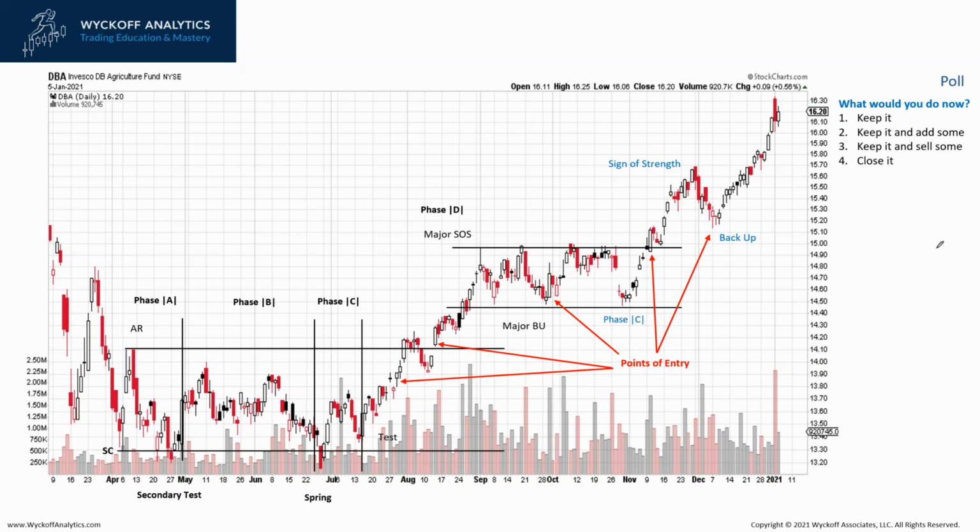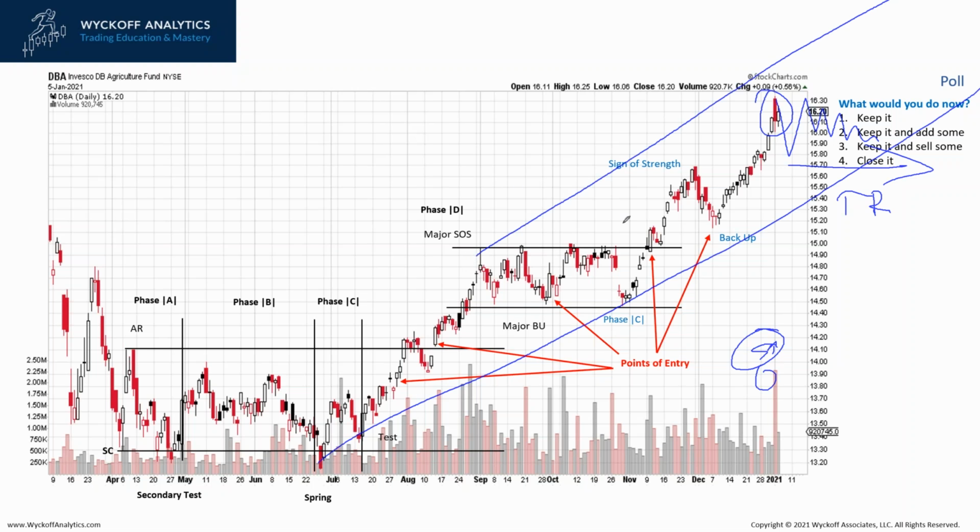I suspect that we are relatively close to some kind of a stopping action in DBA after a spectacular rally, and that there's going to be some kind of a pause, and that this is going to create a potential opportunity to initiate additional trades. And so I say that for now.